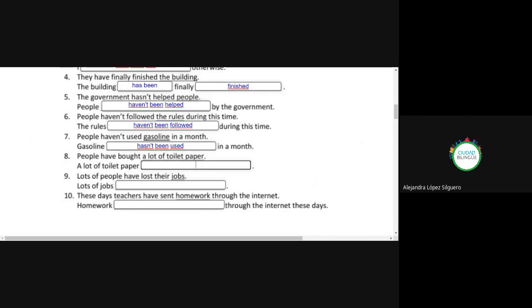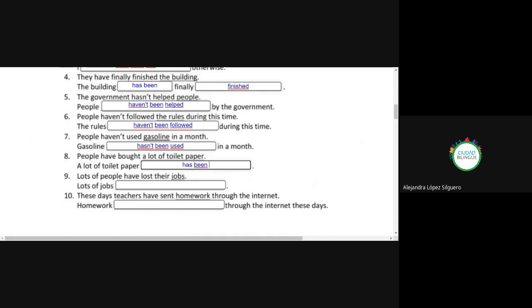8. People have bought a lot of toilet paper. A lot of toilet paper. Have been or has been? Remember to identify the plural and singular nouns. Okay, has been.